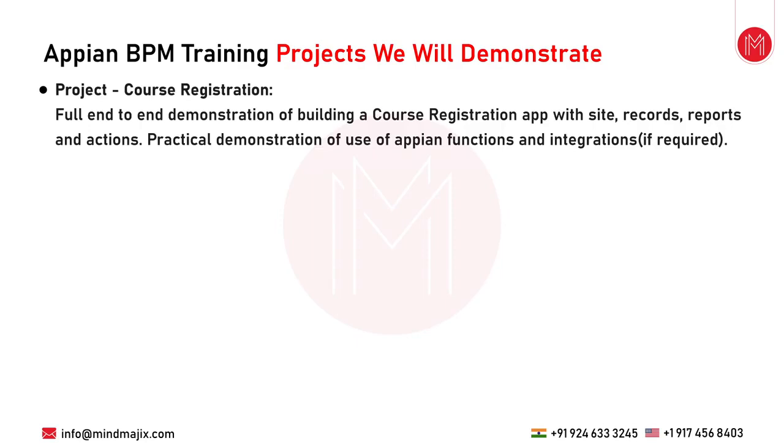It's a complete workflow for creating a course, enrolling for it, and paying and submitting its fees. We'll be dealing with most of the objects in Appian while developing this project. I'll also take you through some small projects along with this, like the bill management part I showed you, and we'll be working on that also.